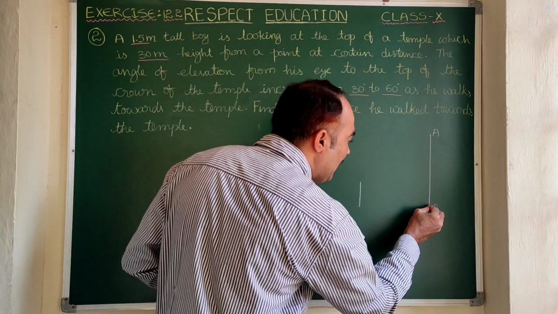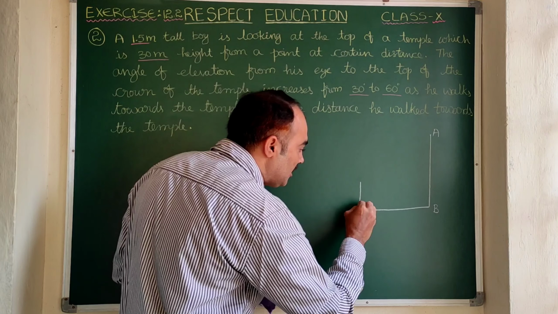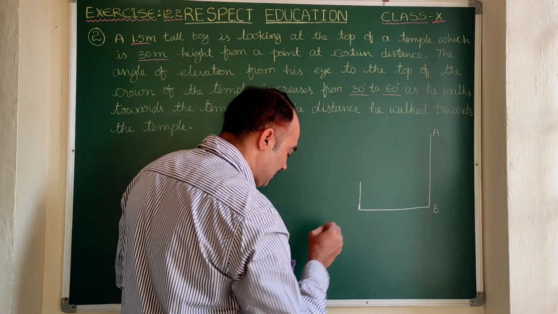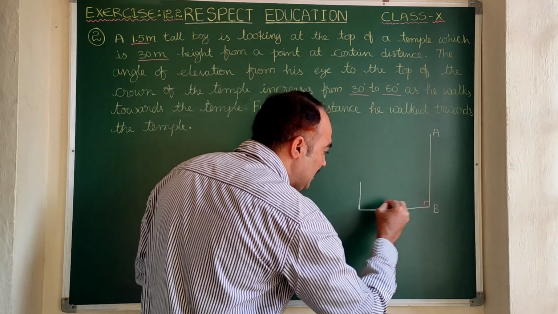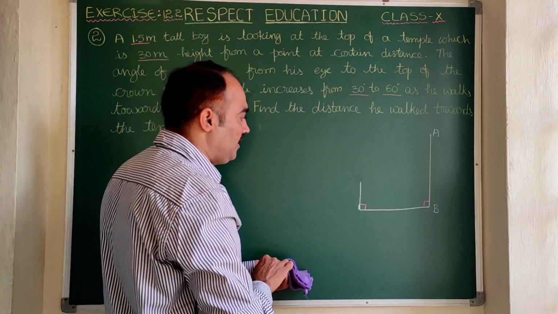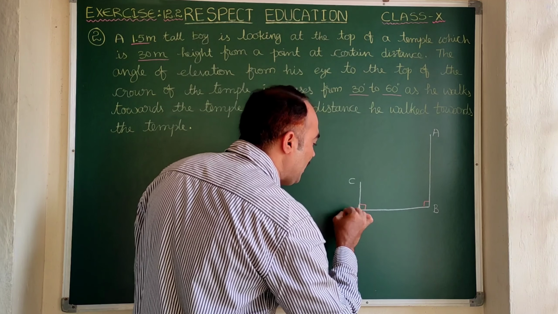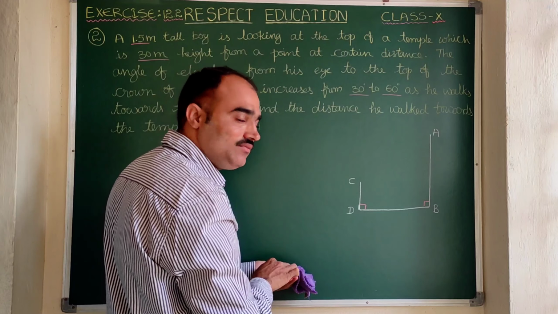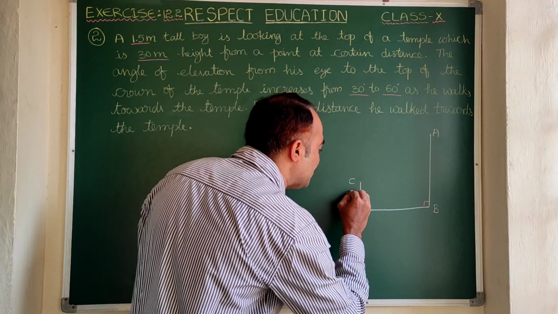So the boy and the temple both stand on the earth. That means here we need to understand that each angle is 90 degrees. Now here let CD be the boy, whereas the height of CD is given as 1.5 meter. So we have to mention it.